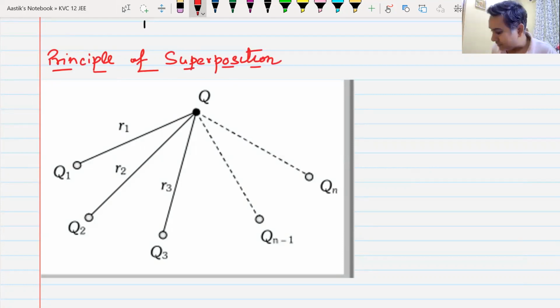This is valid for any two vectors. What it basically means is F net equals the sum of forces: if you have more than two charges present, this charge q is going to experience force because of many charges.